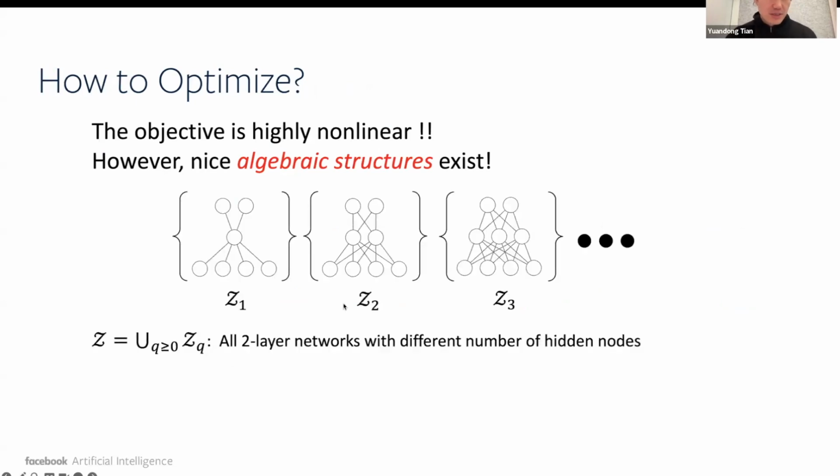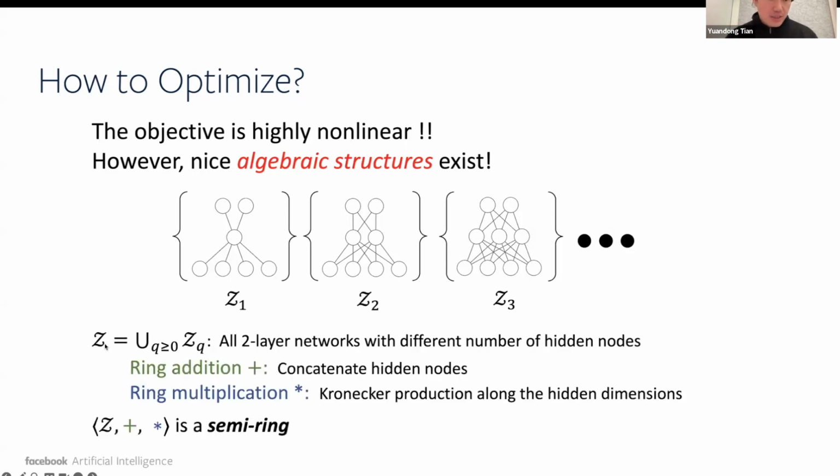So first of all, if you think about all the two-layer networks with different numbers of hidden nodes, and put all these weights together into this large space Z, you can show that this space follows a nice algebraic structure called a semi-ring structure, with definitions of ring addition and multiplication.